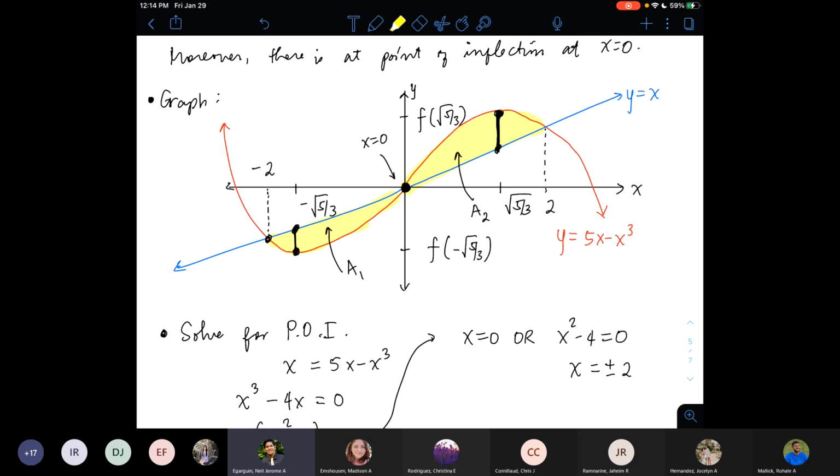The first function, y equals 5x minus x cubed, is a bit complicated for me, and I don't remember from algebra the symmetric properties of that function. But if you know for certain that your function is symmetric, then you can take advantage of the property of symmetry. I guess you're referring to computing the area of area 1 and then multiplying the answer by 2.